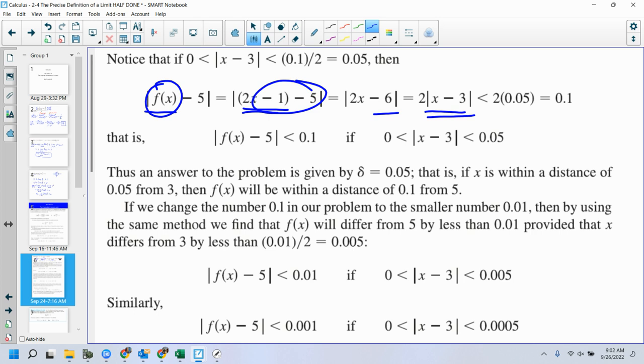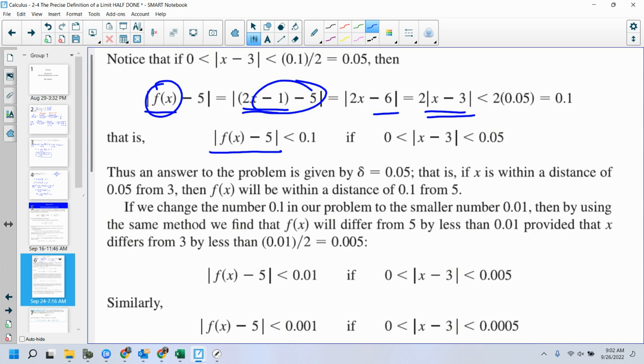We wanted to say the difference between x and 3 was the absolute value of x minus 3. Well, 2 times this x minus 3 is 2 times 0.05, which is equivalent to 0.1. So therefore, if we want the difference between f of x and 5 to be less than 0.1, that means the difference between x and 3 needs to be 0.05 away.